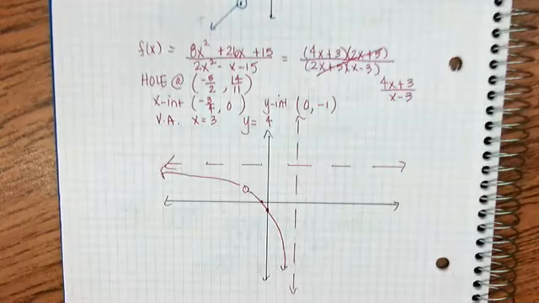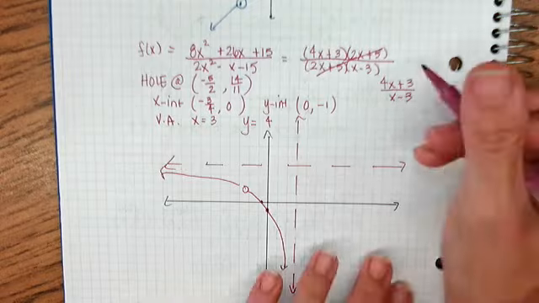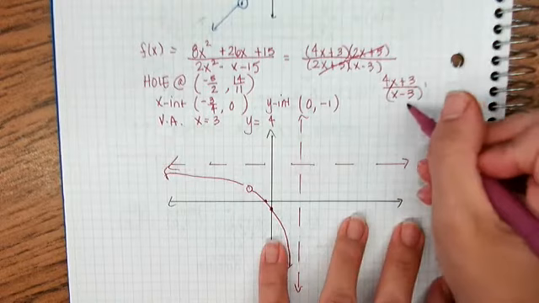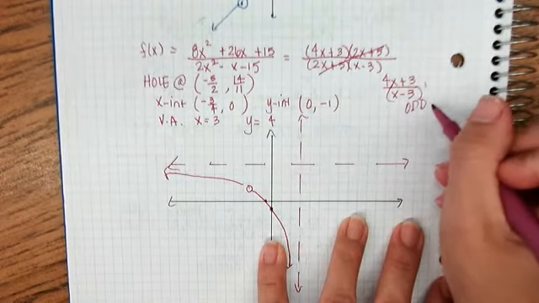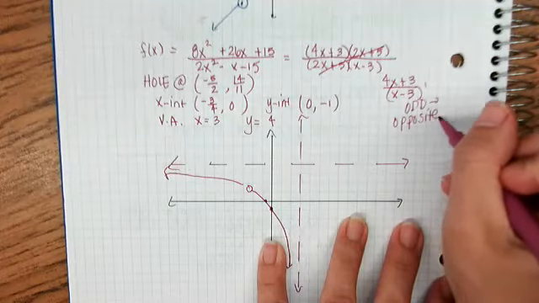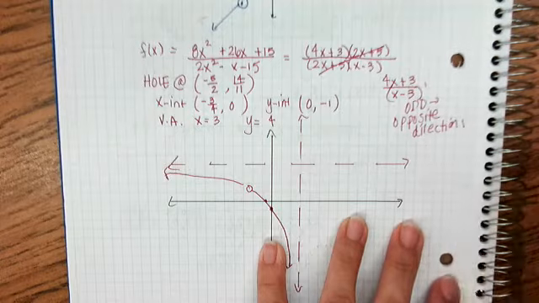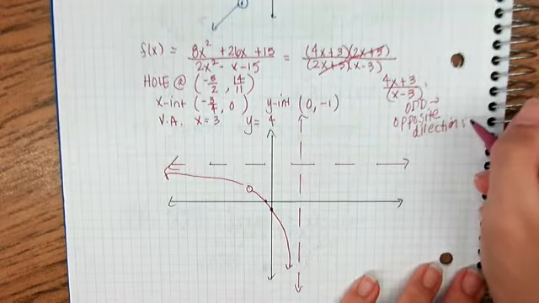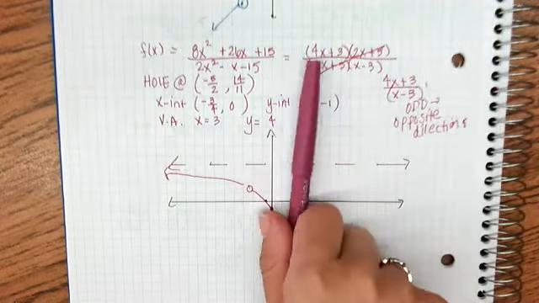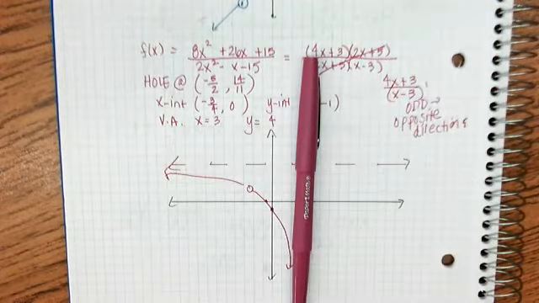The other way you know that is because the vertical asymptote, x equals 3, is an odd degree. The degree is 1. That's odd. And that means that we're going to go in opposite directions. So if you look, there's my asymptote.